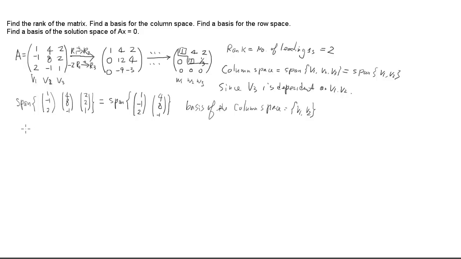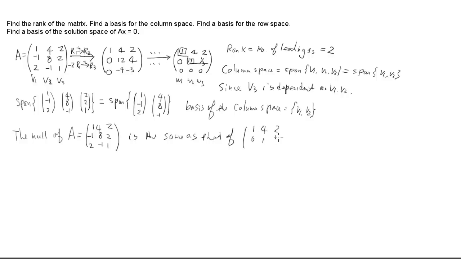The null space of the matrix 1, 4, 2, negative 1, 8, 2, 2, negative 1, 1 is the same as that of this matrix, 1, 4, 2, 0, 1, 1/3, and 0, 0, 0. That's what we started with. They have the same solution set.